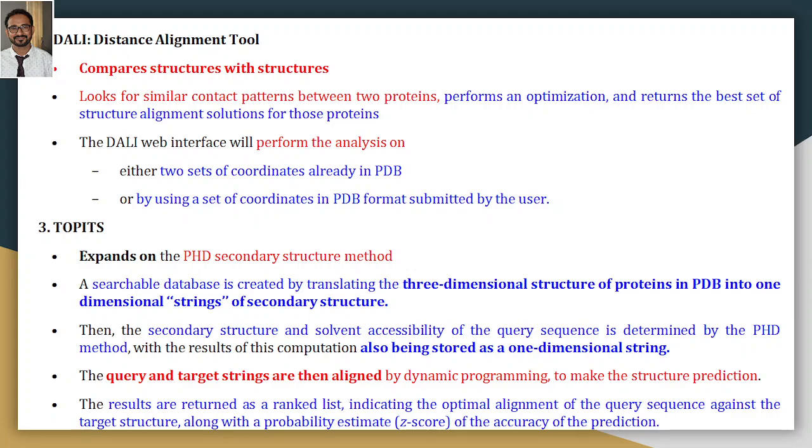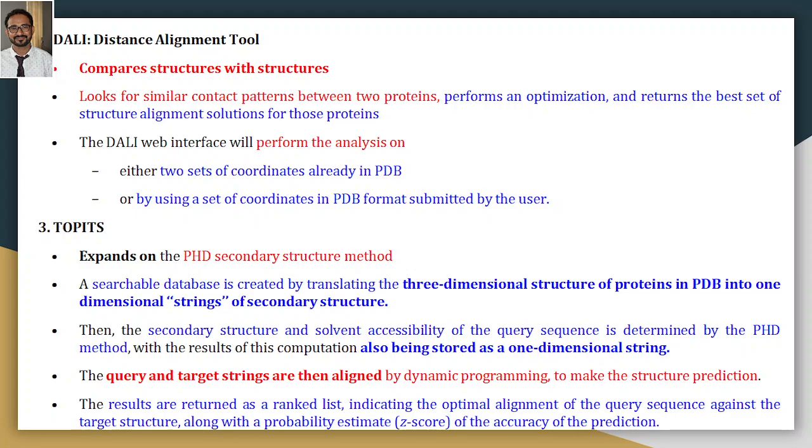Next, we are having Toppitz. Toppitz expands on the PhD secondary structure method. It just expands on PhD topology. A searchable database is created by translating the three-dimensional structure of a protein in PDB into one-dimensional strings of secondary structures.